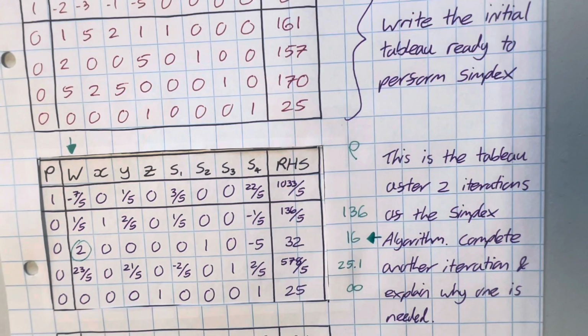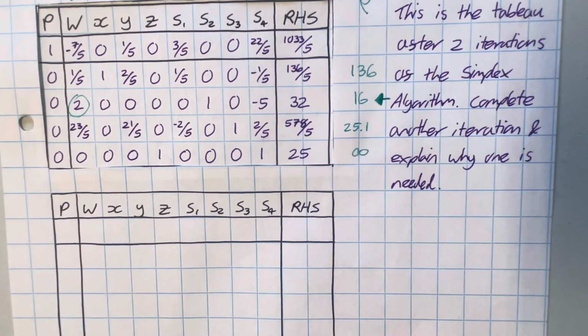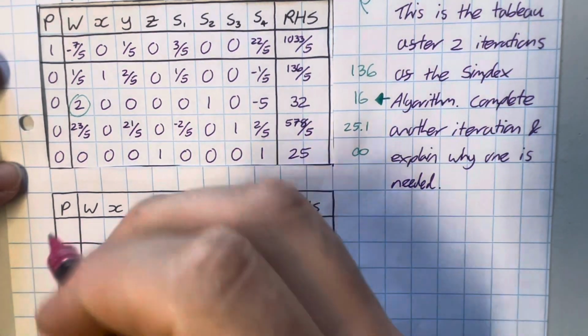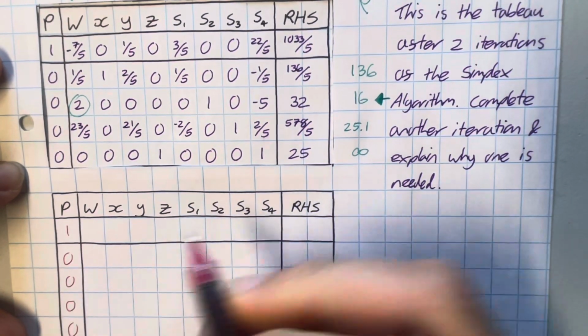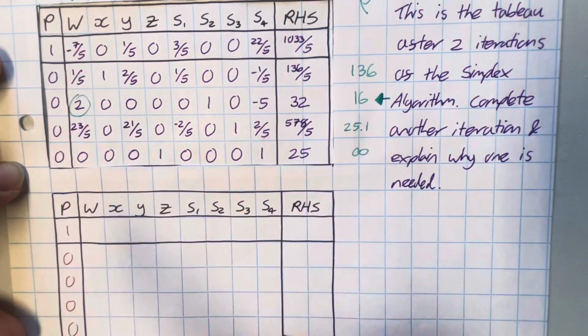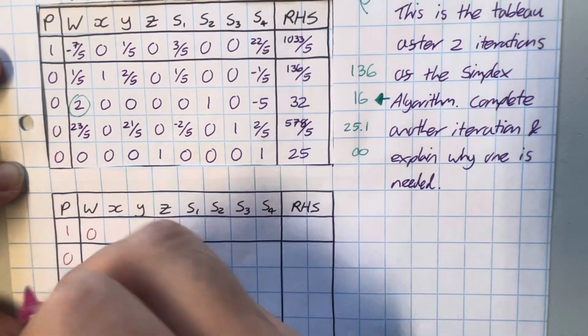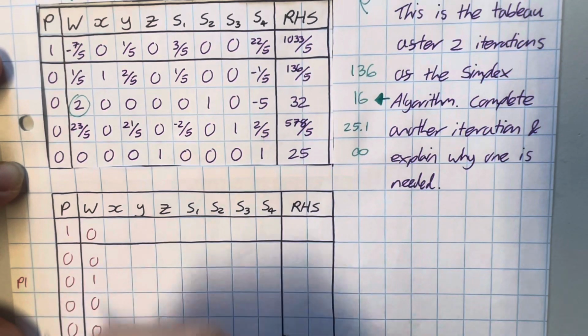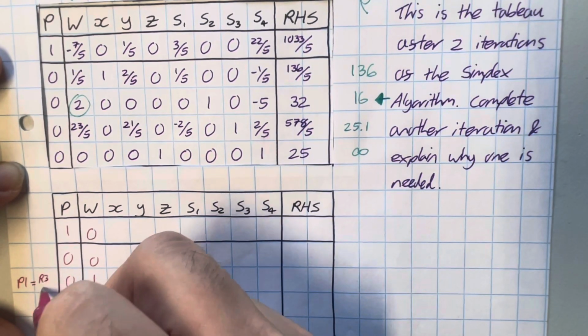So we have a blank table ready to carry out our iteration. P will always be 1, 0, 0, 0, 0. We want to make this column 0, 0, 1, 0, 0, and that is going to be defined as the pivot row, which is row 3 divided by 2.